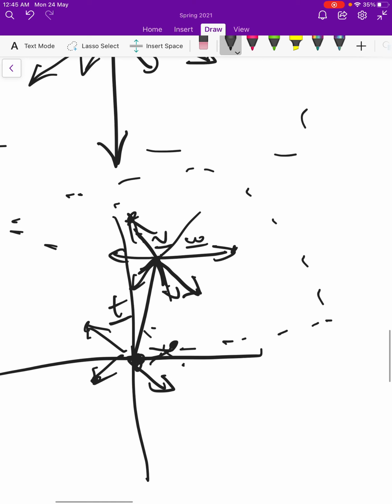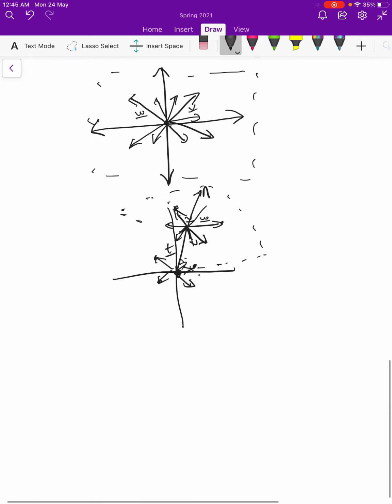So these are tangential to the plane, and the vector n is normal to all of these vectors.